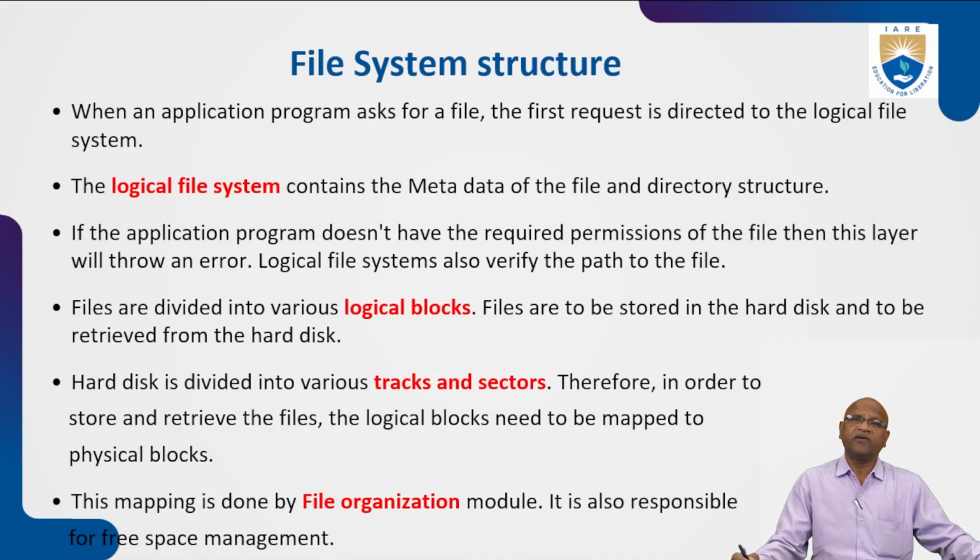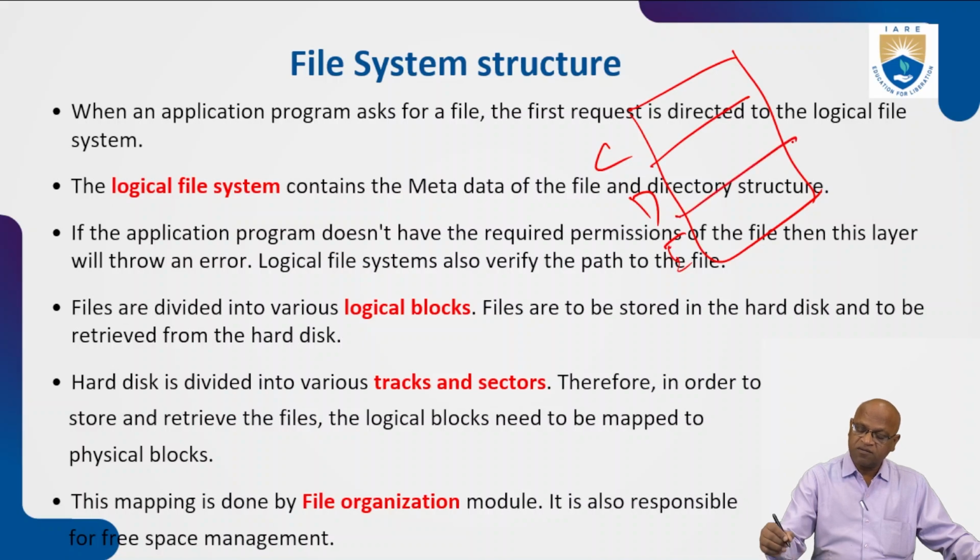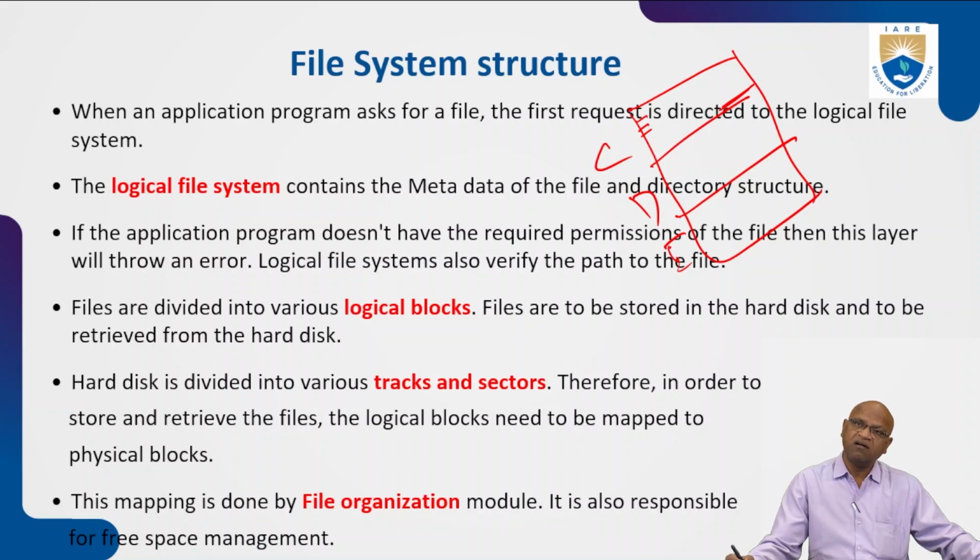Files are divided into various logical blocks. Files are to be stored in the hard disk and to be retrieved from the hard disk. As we have seen, this is our hard disk, and we have seen the C drive, D drive, and E drive. Whenever we save a file, it is saved in a systematic way in the hard disk.